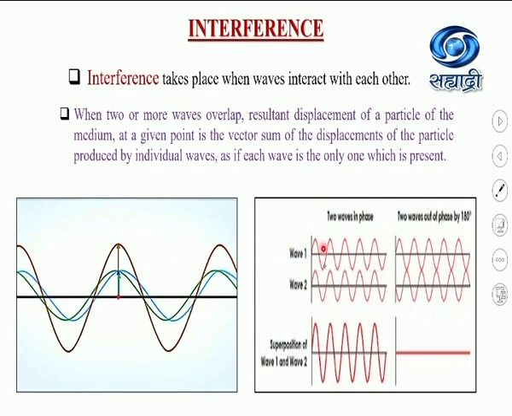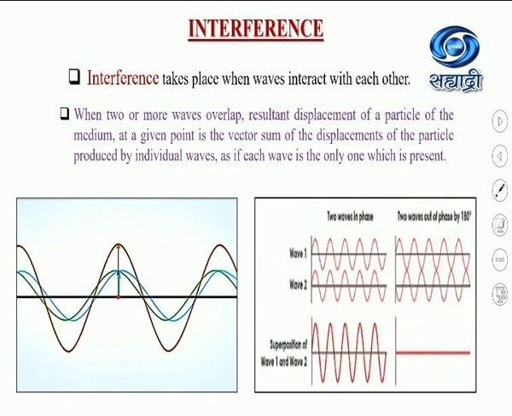Consider the waves traveling through the medium. These two waves are having the same amplitude, the same wavelength, and in the first case they are in phase. That means the crest of one wave overlaps with the crest of the other and the trough of one wave overlaps with the trough of the other. When these two waves overlap, what happens?